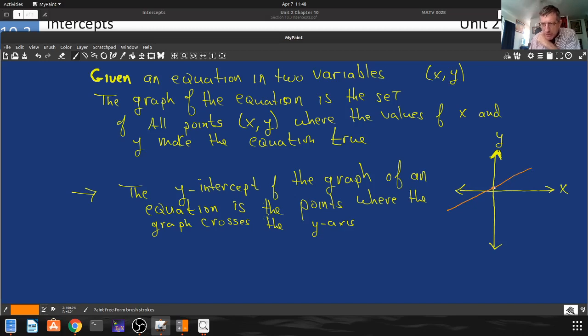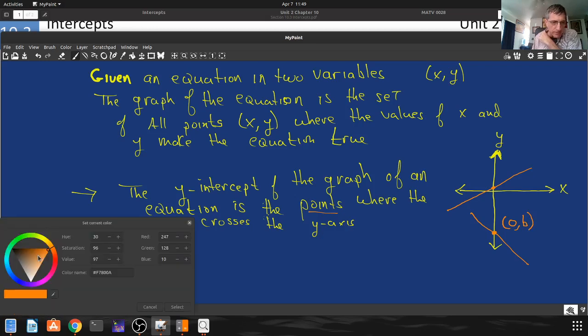And where it crosses, maybe I should draw another straight line. Where it crosses the y-axis is the y-intercept, and it crosses at a point. So the point is always going to have x equal to 0, and then a value, some real number b. And there can be more than one.